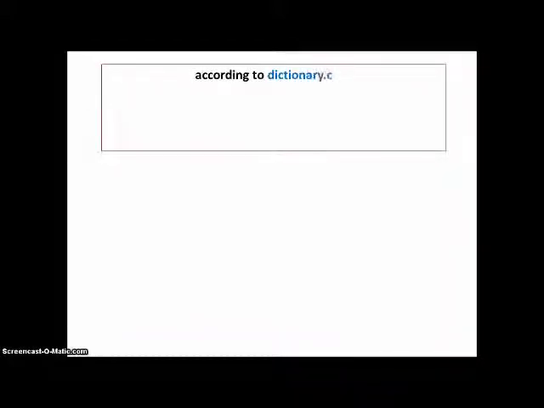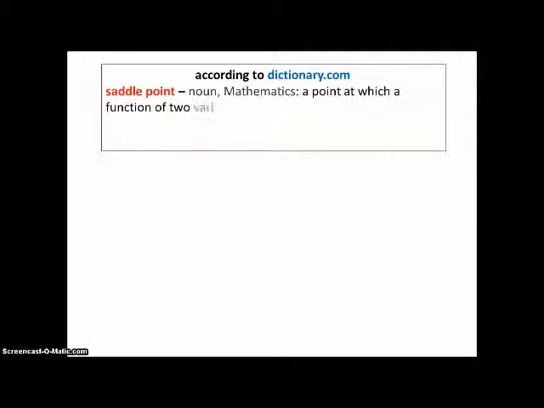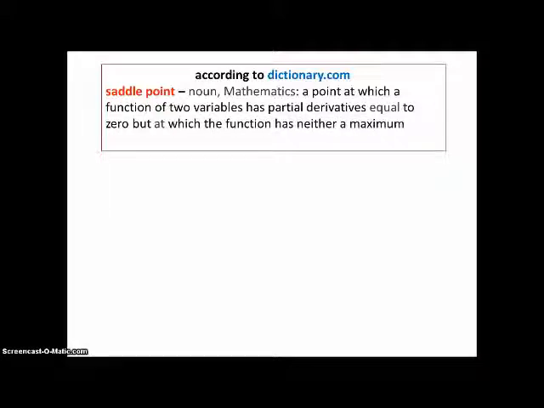Now, according to dictionary.com, a saddle point is a noun in mathematics, and it means a point at which a function of two variables has partial derivatives equal to 0, but at which the function has neither a maximum nor a minimum value.